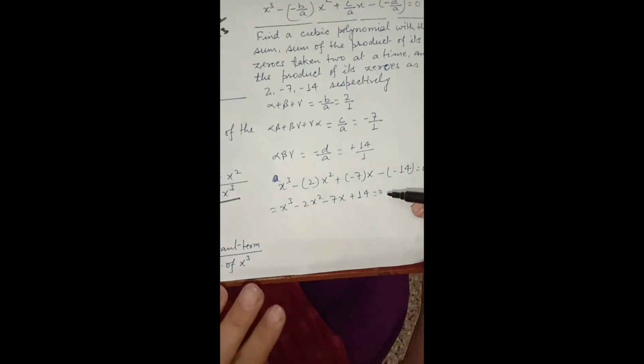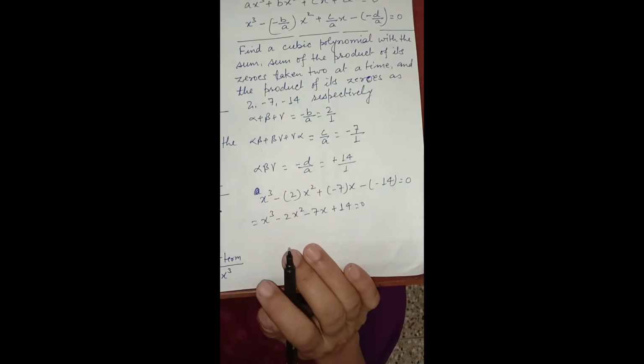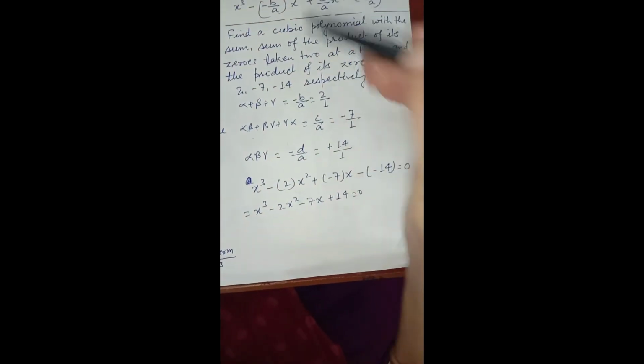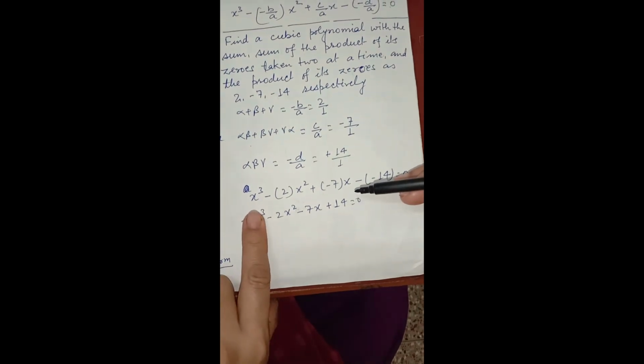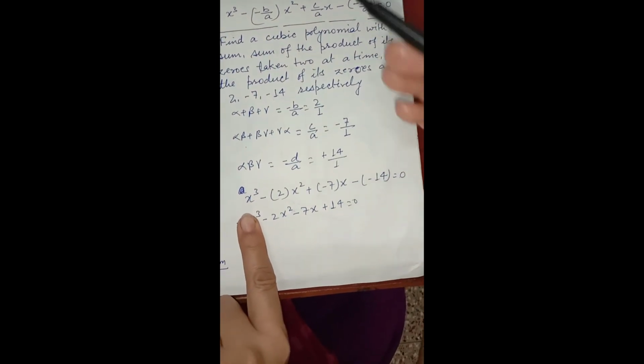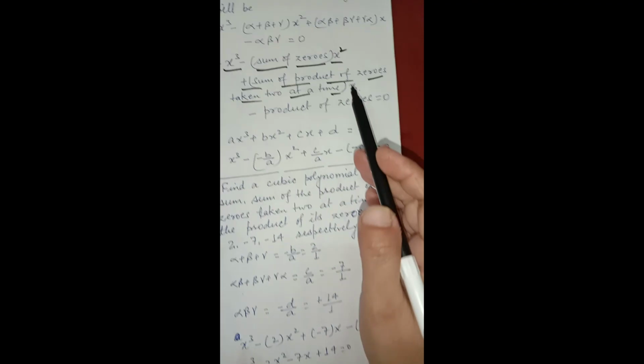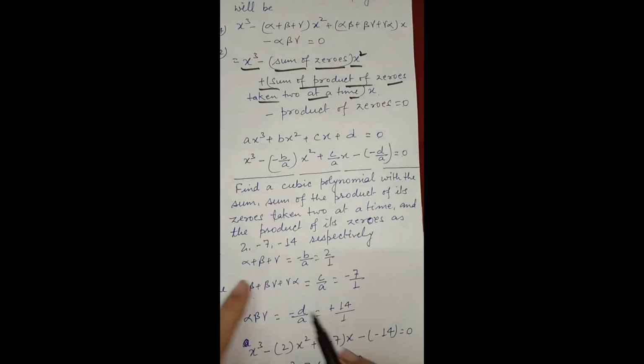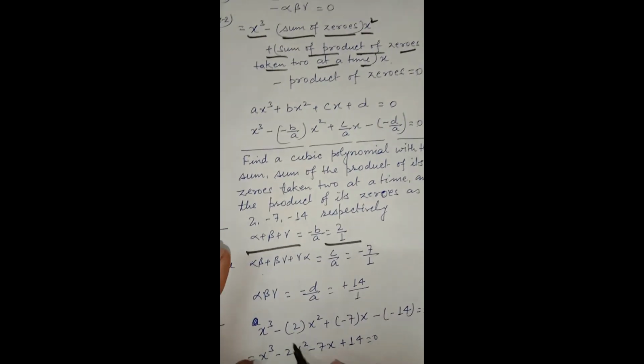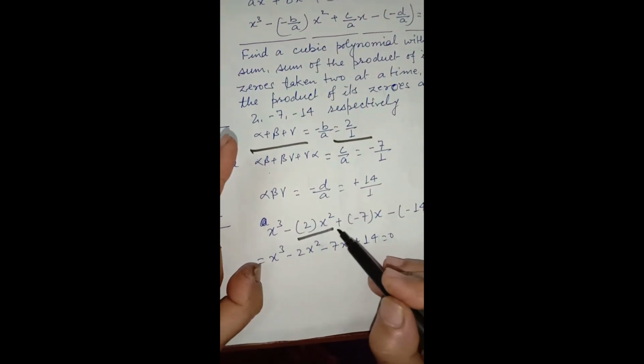So here we will form the equation in the same way as you have done here. X cube minus sum of the zeros into x square. So sum of the zeros is 2, so 2x square. Then plus sign.